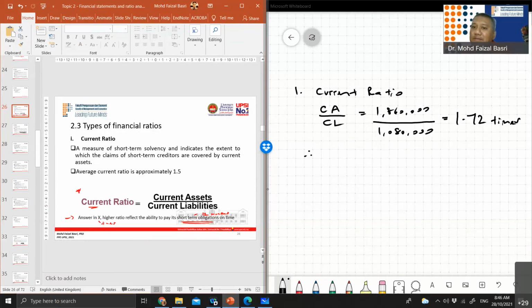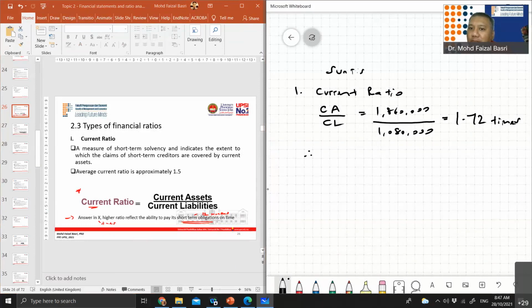The company here is Sunrise Corporation, so we're going to say Sunrise Corporation has... This is the comparative word that I'm going to use.